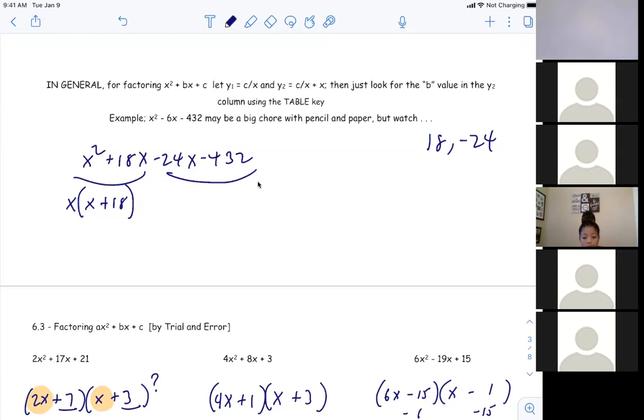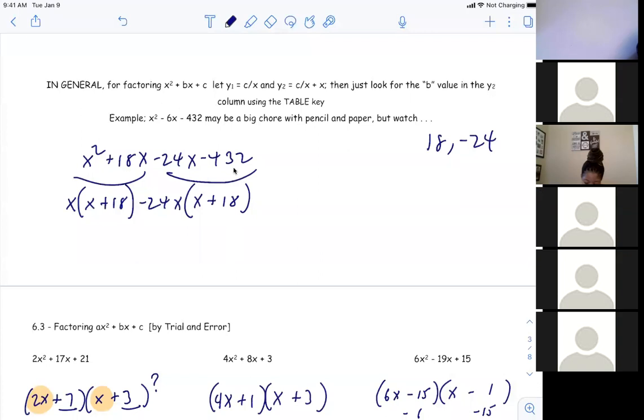Yes, 18 times. So I can factor out negative 24, negative 24 times x plus 18. Negative 24 times 18 is negative 432. So this monstrosity, which may have taken 20, 30 minutes without any technology, took me maybe 5 minutes, even though I was talking and explaining.